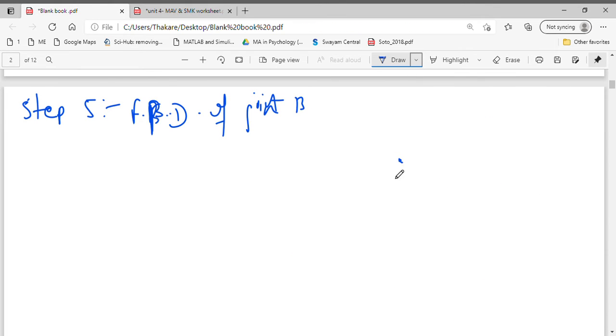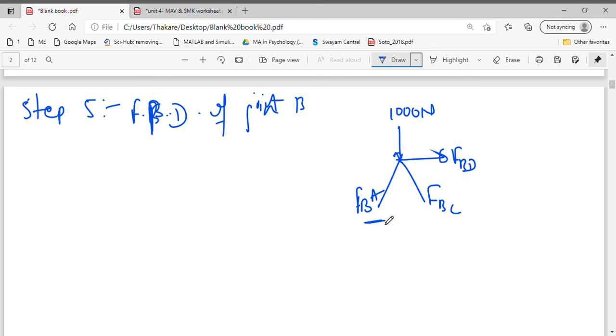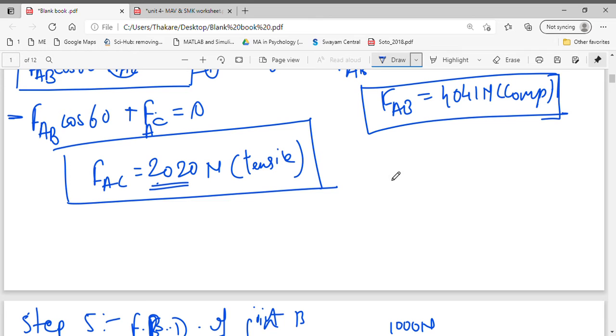You have FBA, FBC, FBD and one vertically downward acting force of 1000 Newton. Right? One vertically downward acting force of 1000 Newton. Now this FBA and FAB will be same, right? This is the same member.